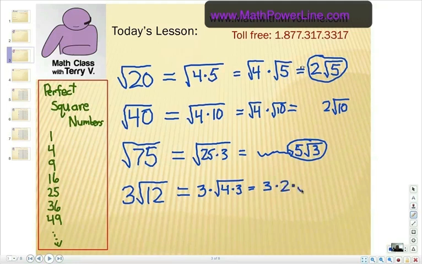And then we still have a radical 3. All right, now we put it all together. And notice how the two outside numbers get multiplied here to give us 6. And then it's times radical 3. So just squish it together. 6 radical 3. So when you're simplifying radicals, you just need to look for those perfect square number factors for the number on the inside.